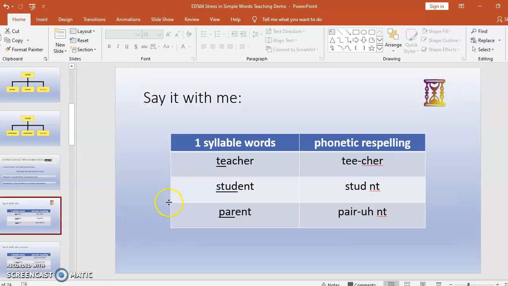Okay, so say it with me. We're going to go over some words, all right? We're going to go in order of 1 syllable words, 2 syllable words, and 3 syllable words. So you see this icon here.